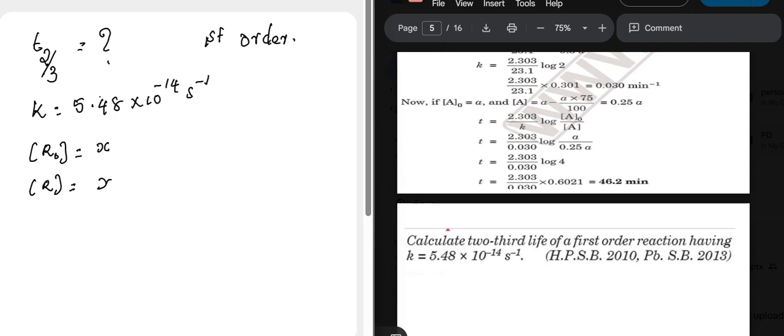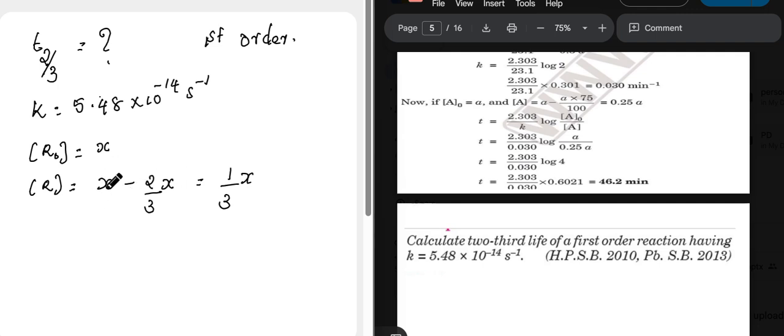So the remaining will be x minus 2/3 x. 2/3 x completed means 1/3 x will be remaining. 3 parts are there, 2 parts completed, remaining 1/3. So that will be r.